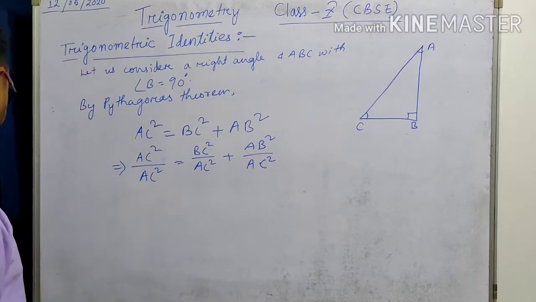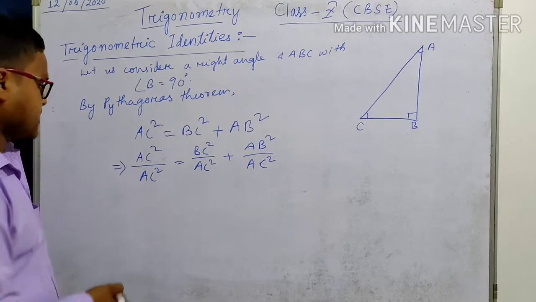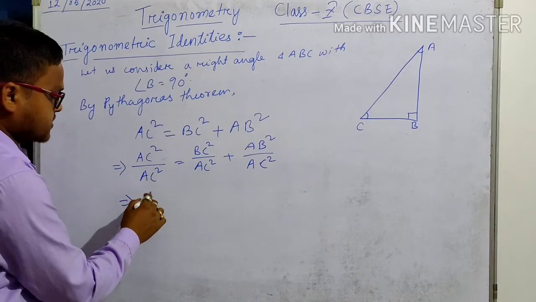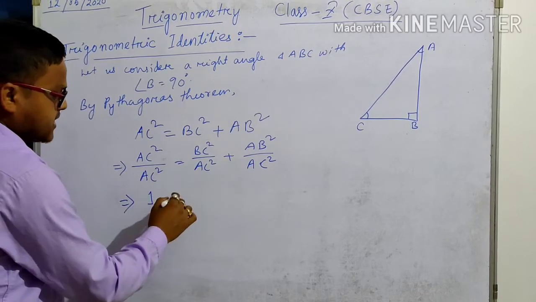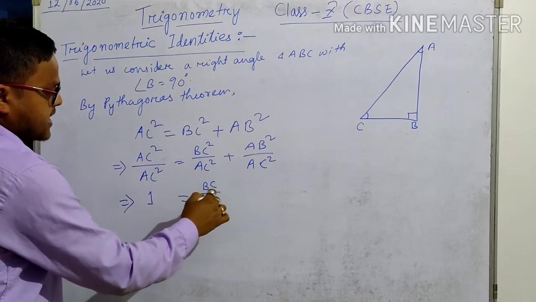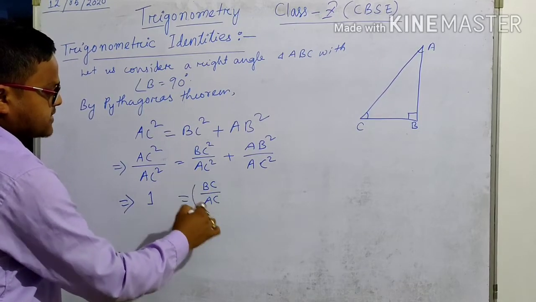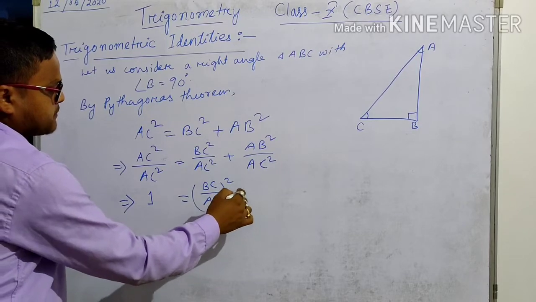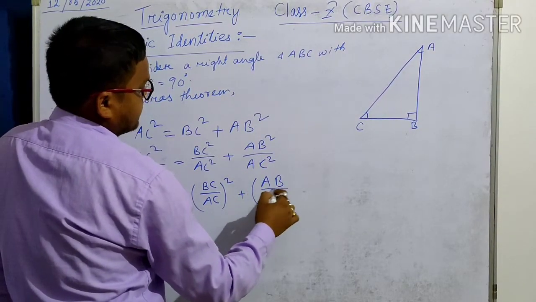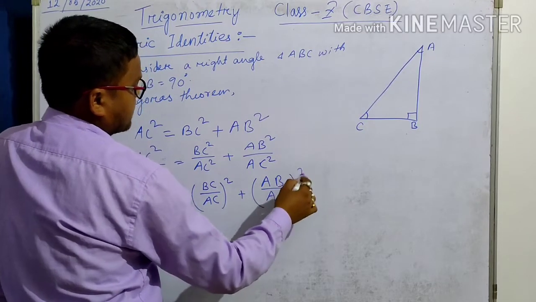On the left hand side, AC square by AC square is 1. And on the right you can write BC by AC whole square plus AB by AC whole square.